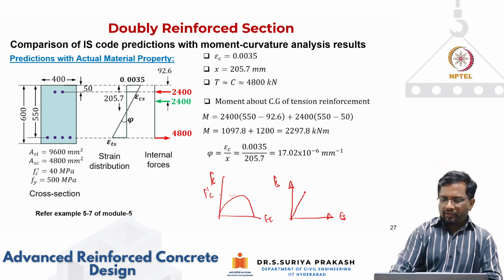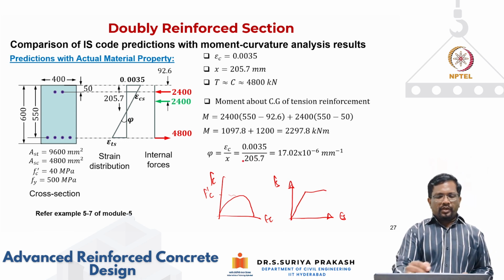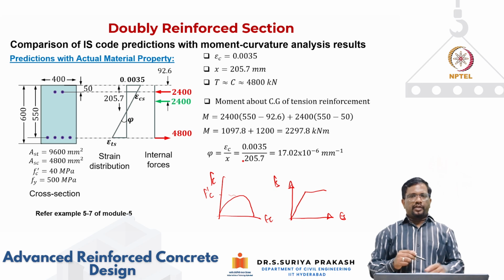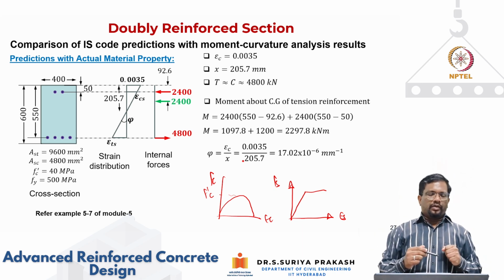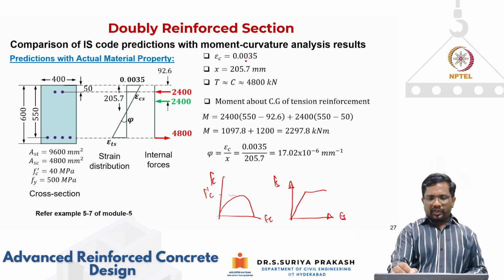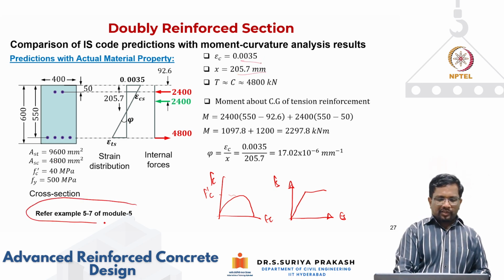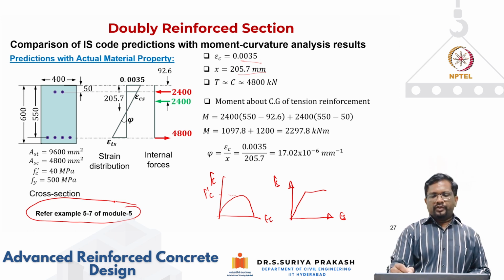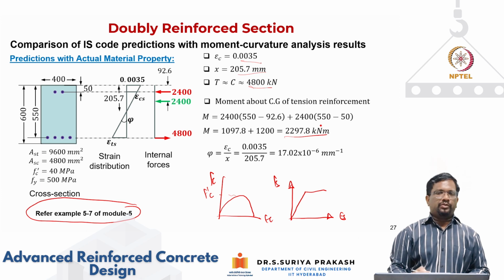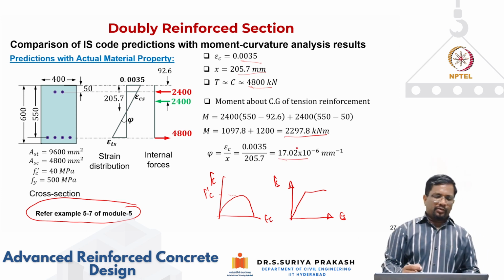When I use these material properties, what is the resistance that we get for the sectional dimensions given here? You can go back and check this, which is example 5.7 of module 5. You get a force of this, and then a moment resistance of about 2298 and a curvature of about 17 into 10 to the power of minus 6.